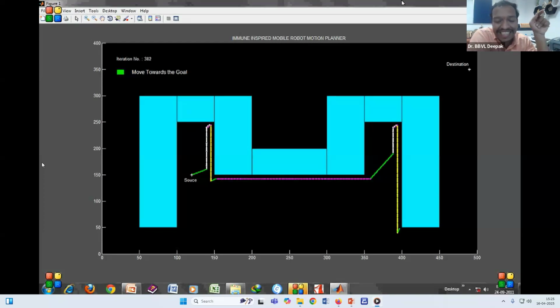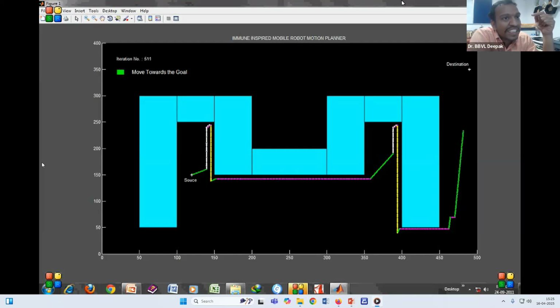If the robot is on the right side or the left side, it has to move to the right side or the left side. So here various colors represent various robotic actions, and the robot moves towards its destination in a certain number of iterations of time.